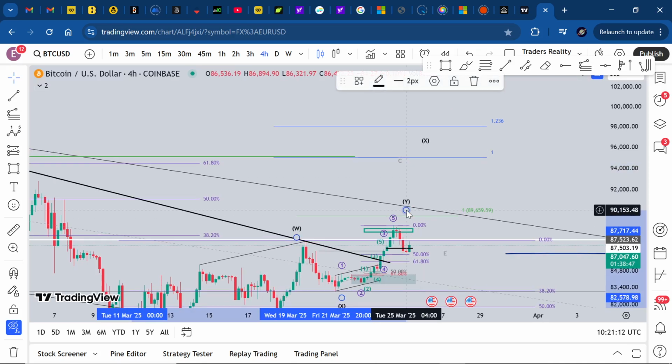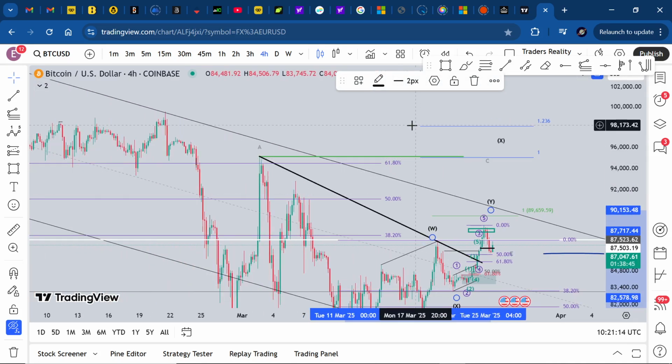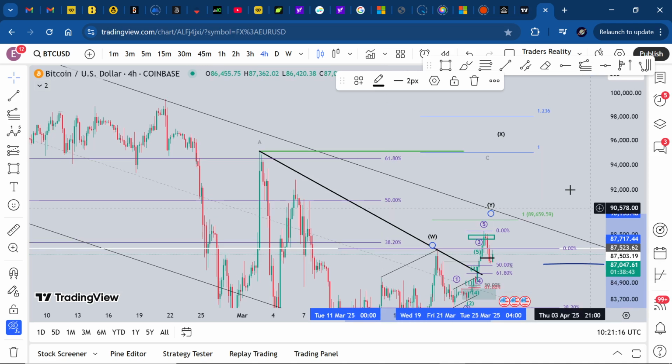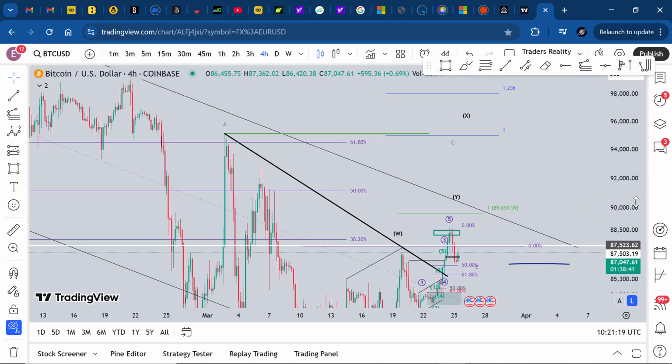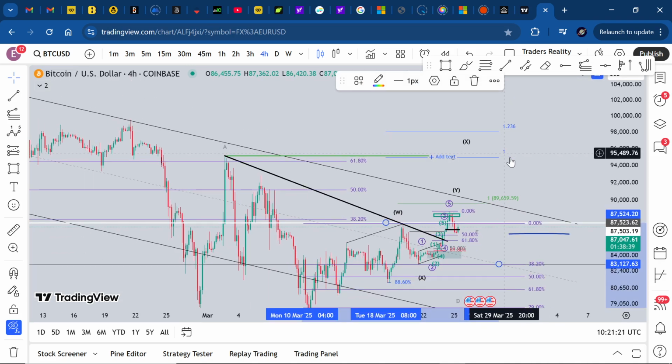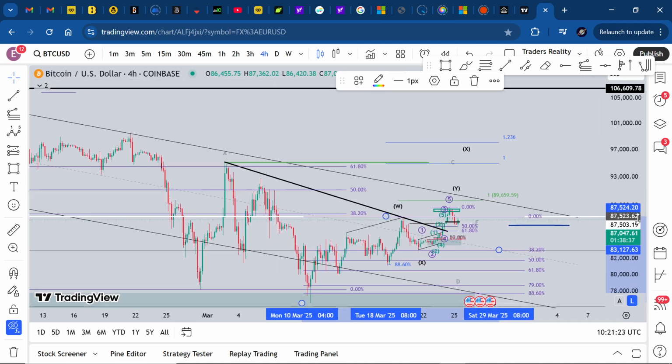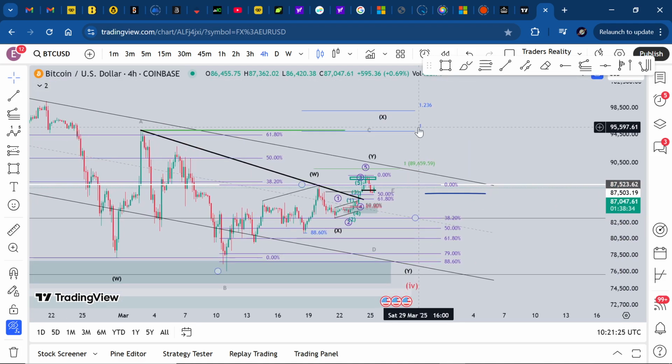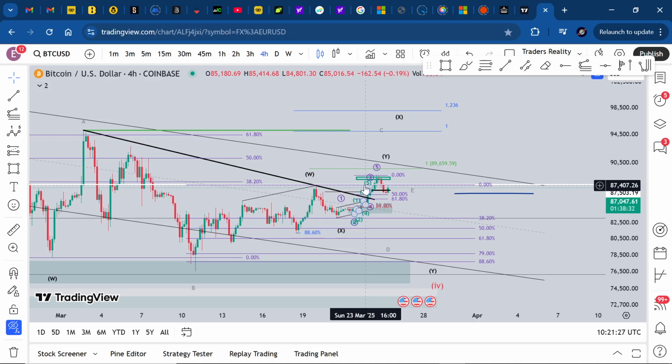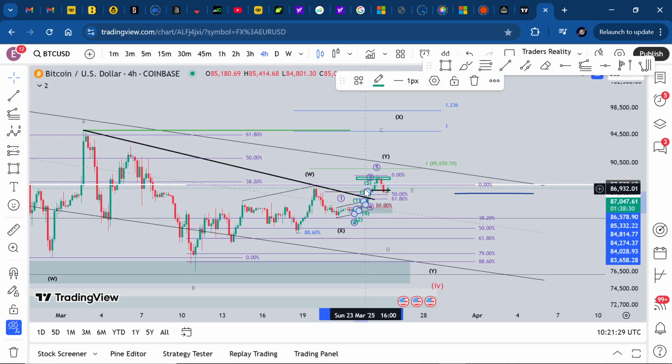I don't even think it's finished. I don't think it's finished. Give me a second. See this 1 to 1? Yeah, there we go. So this is what happens when you've got too much stuff in your charts.